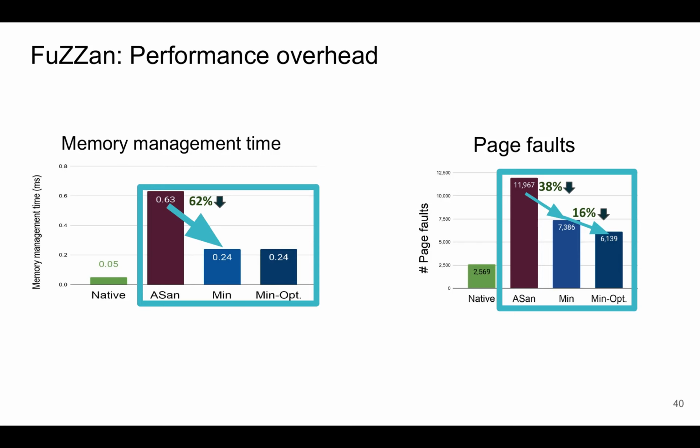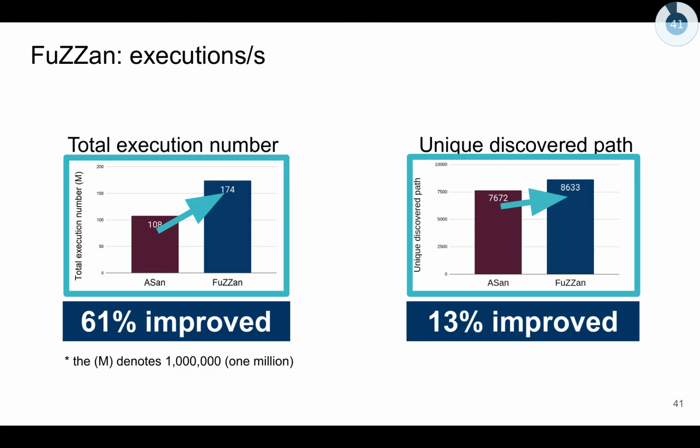So memory management time was reduced by 62%, and page faults by 48, 50, 54%. So this is quite a lot, right? Quite a nice performance improvement, and we improved executions per second from 108 to 174. So this is quite substantial, right?